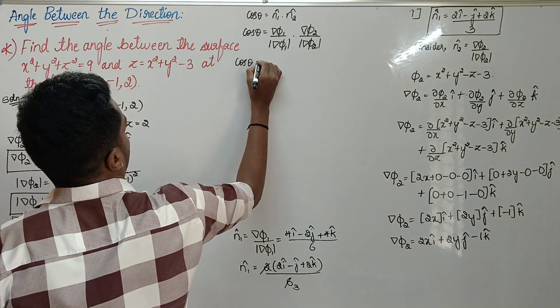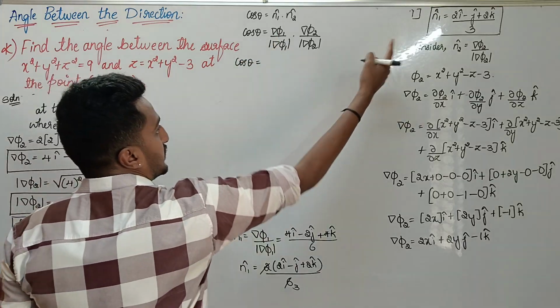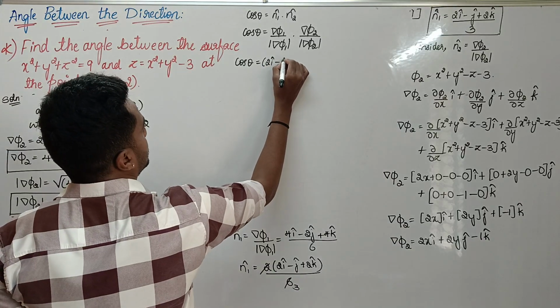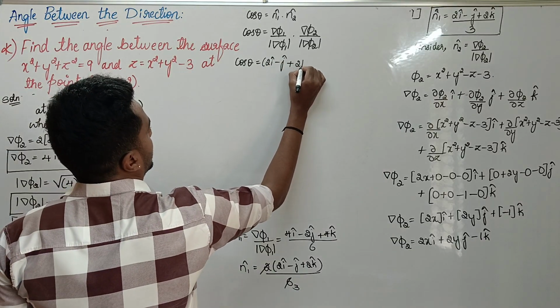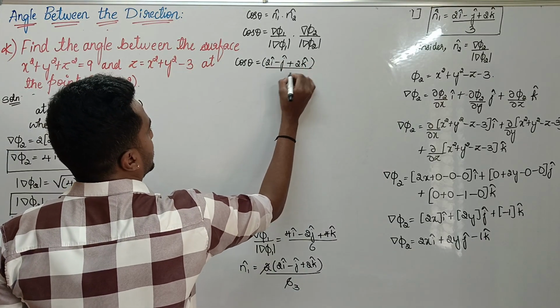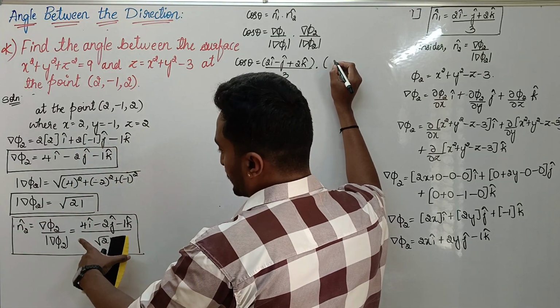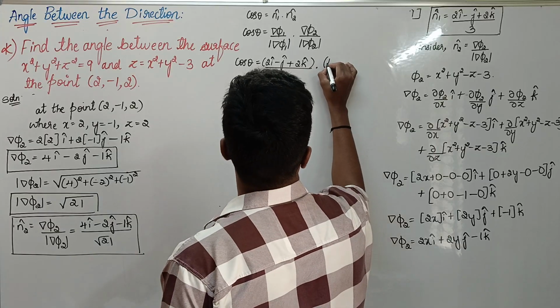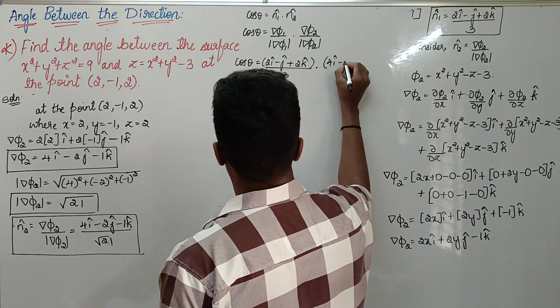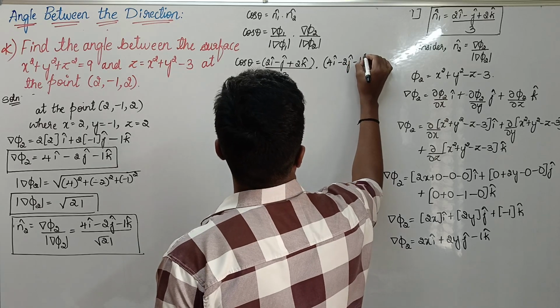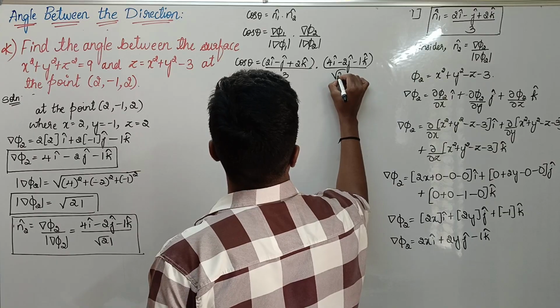Gradient phi1 is 2 i cap minus j cap plus 2 k cap divided by 3, and gradient phi2 divided by its modulus is 4 i cap minus 2 j cap minus 1 k cap divided by root 21.